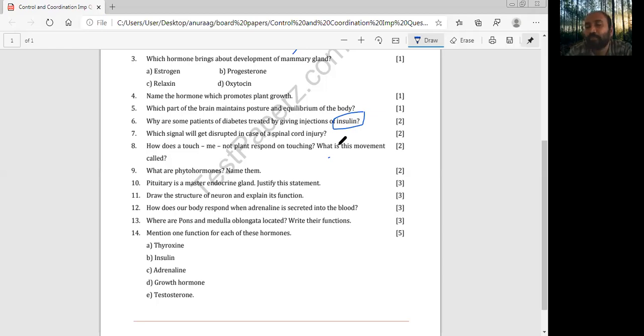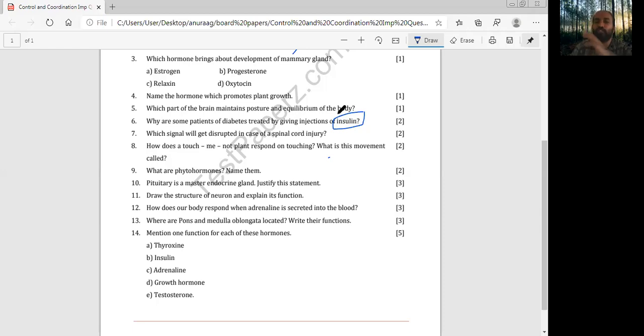Some people are not able to produce insulin in their body naturally, maybe due to some mutation. Because of that, the body sugar level goes up. When the sugar level goes up, that condition is called diabetes. So in the diabetes patient, an injection containing insulin is given externally, so that the sugar can be controlled in the body.